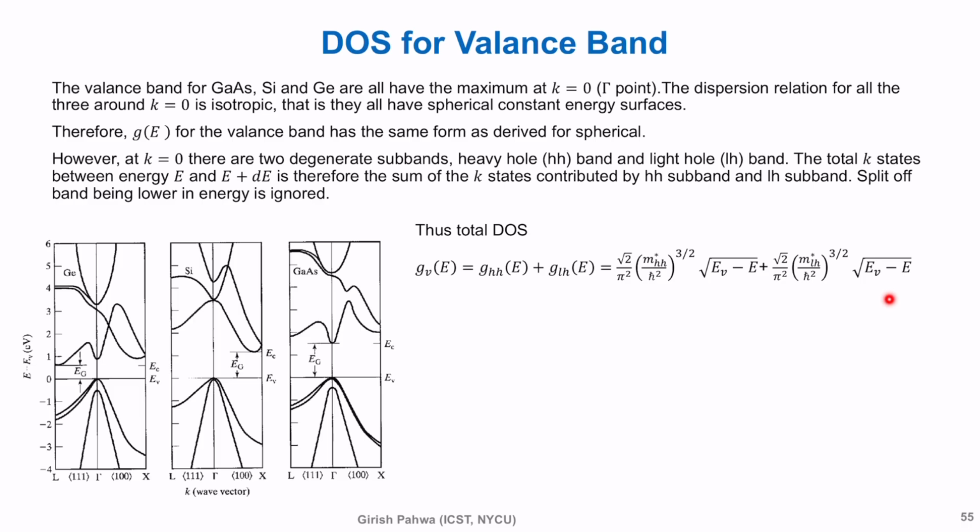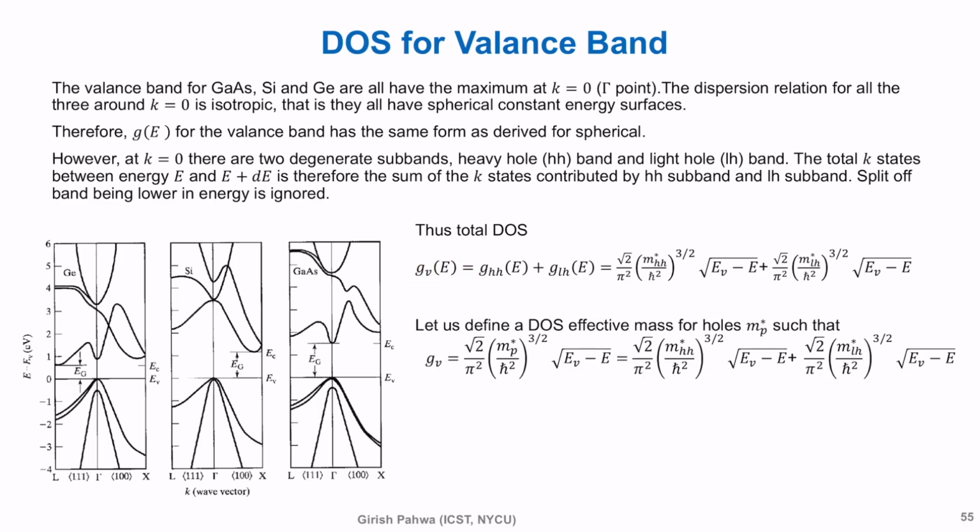What if I want to remove these 2 spheres and replace them with one single sphere? So that will make my density of states effective mass, right? If I want to replace these 2 with just one, with only one effective mass, that will be the density of states effective mass.